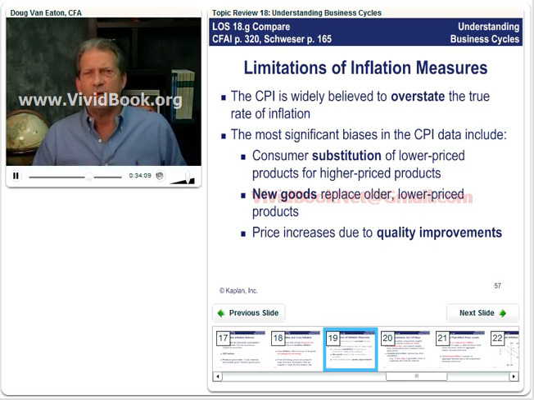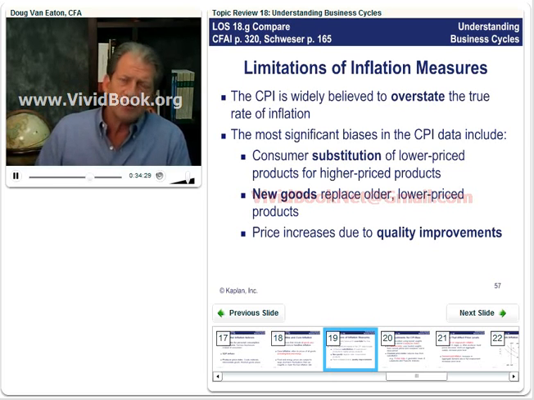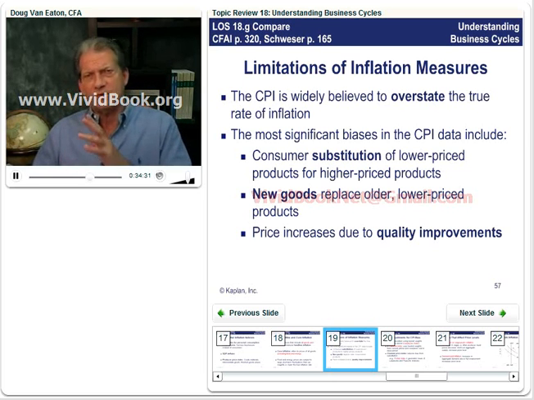And there's no substitution. Now, typically, if something in the economy gets more expensive on a relative basis, consumers will shift their consumption toward a substitute good, just like we talked about in our microeconomics. So, if the price of orange juice goes way up, you'll see people drinking grapefruit juice, or apple juice.